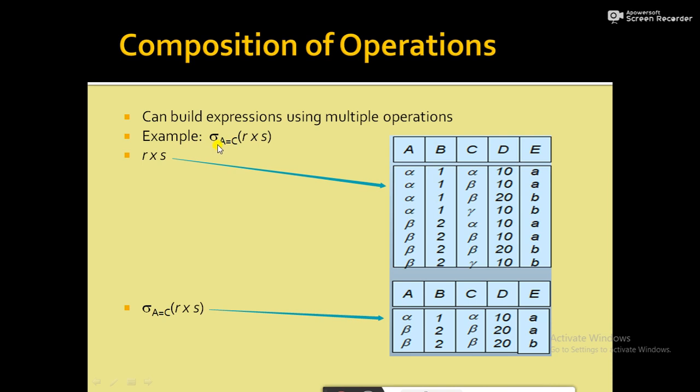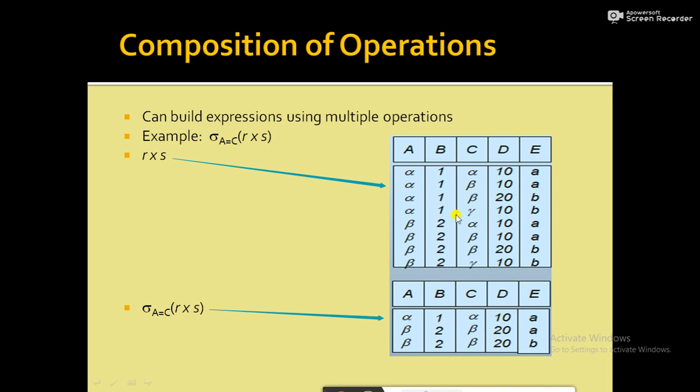In that example we are performing the selection operation with the predicate A equal to C. That means it will select from the relation R cross S, this one, only those records whose value of A and value of C are the same. The output of that operation is this relation, and the schema is the same as R cross S, so all the attributes will be present here.